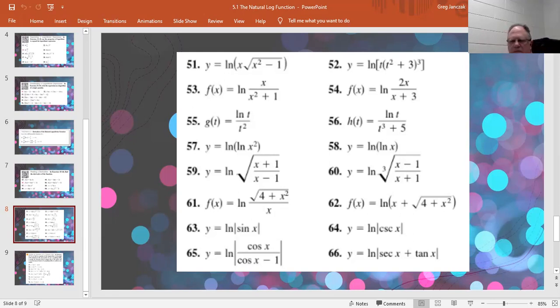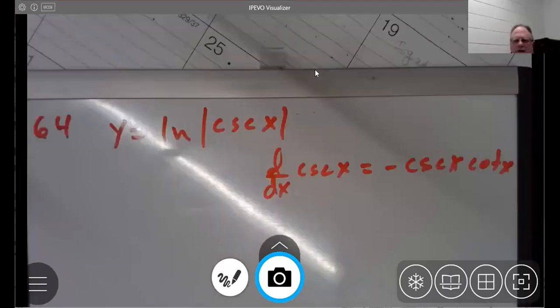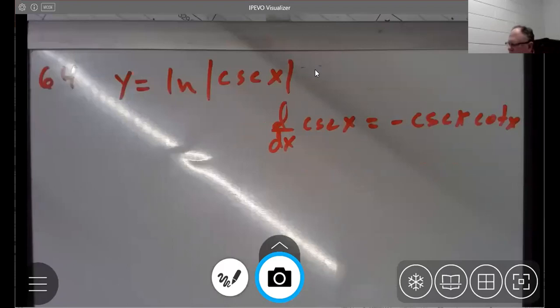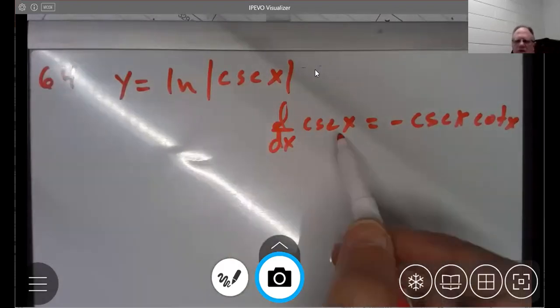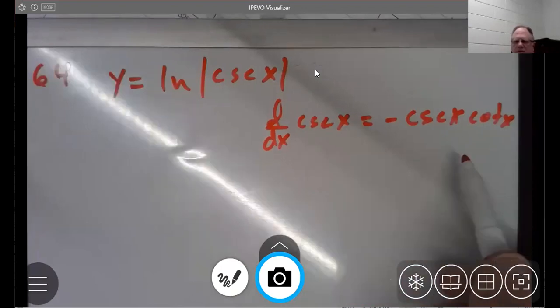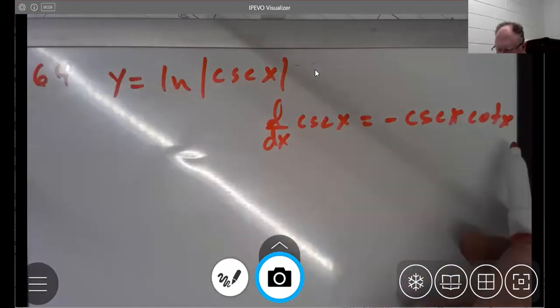Okay, so let me switch back to the board. Okay, and so this is what we've got. We're looking at y equals natural log cosecant x. The derivative of cosecant is negative cosecant x cotangent x.